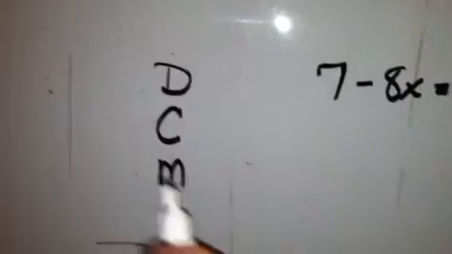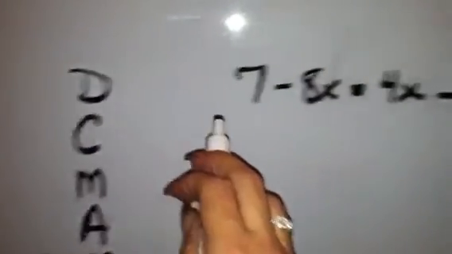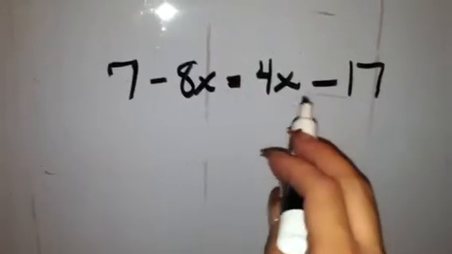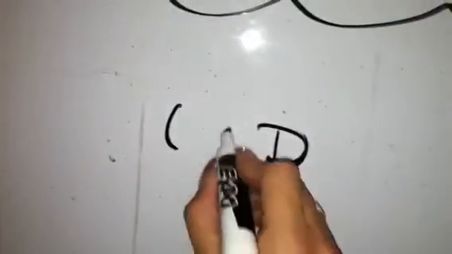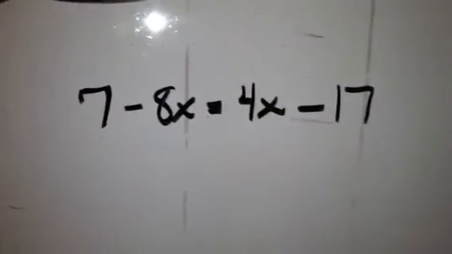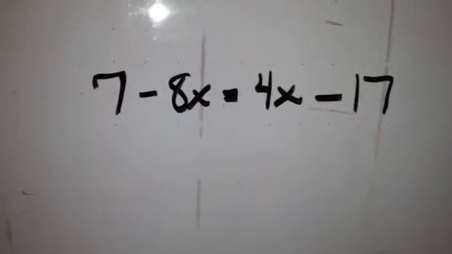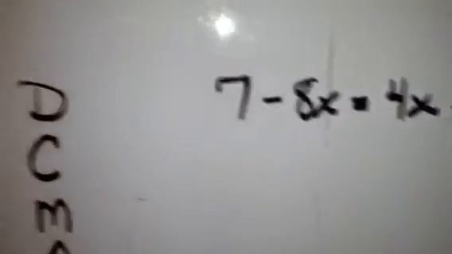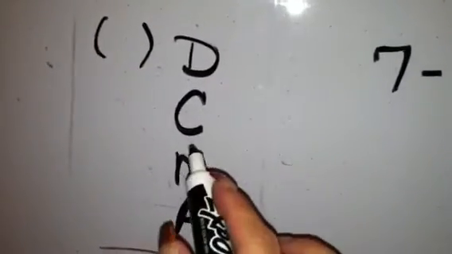Well, first, is there anything to distribute? And the key for most students to look for distributing would be parentheses. So if you see parentheses, you know that you need to distribute something. Here we do not have any parentheses, so we're good to go. Next, we're looking for combining like terms.